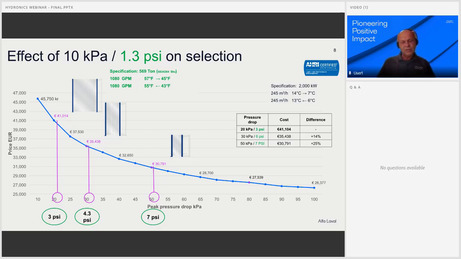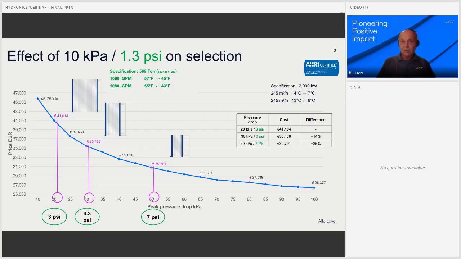But we also know this is a nice opportunity for the manufacturers, because if we play a little bit around the tolerance, let's say we go to 4.3 psi, you see automatically that the investment level drops to 35.